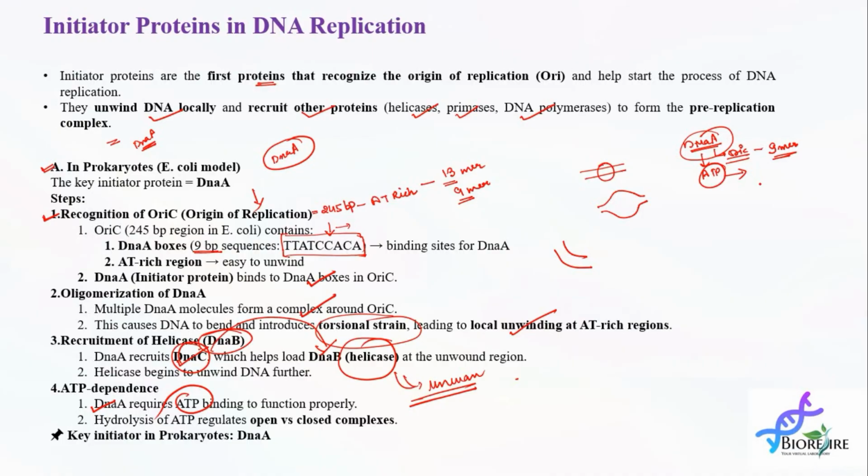Due to this strain, the hydrogen bonds between adenine and thymine break down. Whenever these bonds break, the DNA unwinds at this position. Then DNA A recruits DNA C, DNA C recruits DNA B, and DNA B is a type of helicase. Helicase is an enzyme that helps to unwind the DNA.